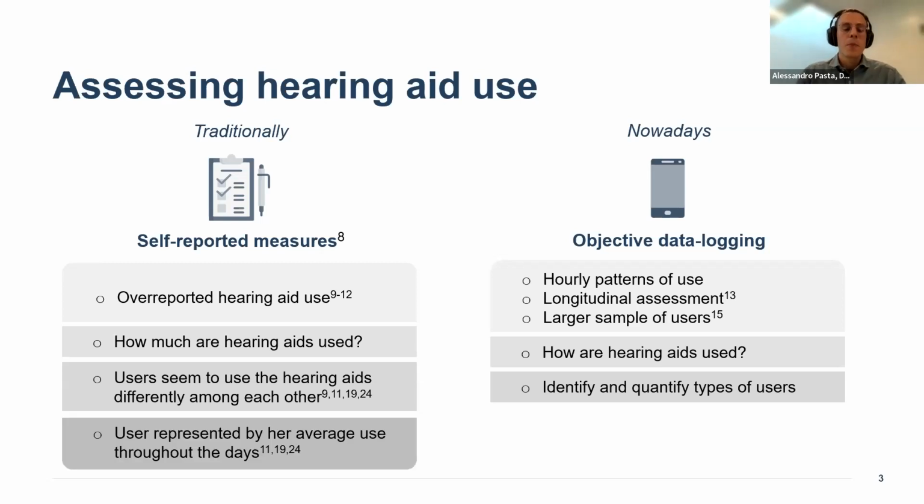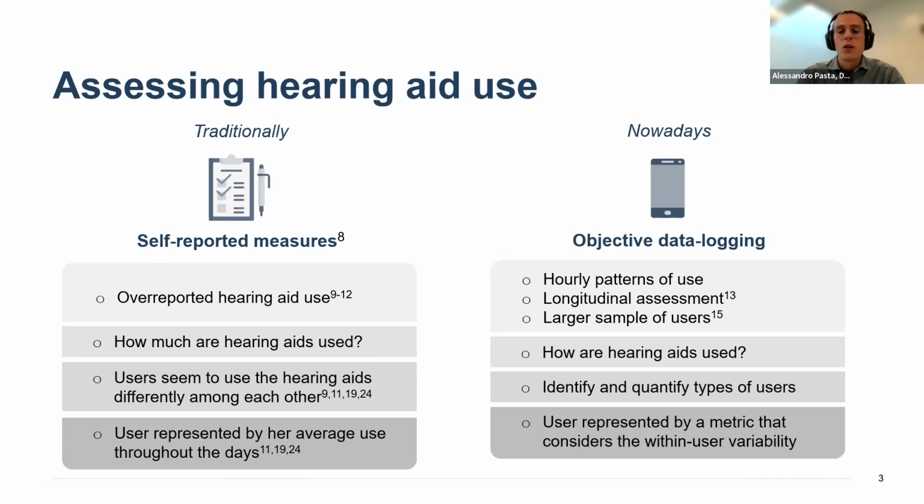And finally, previous studies tend to represent an individual user by their average use throughout the days for which the study has been running. However, we also wish to adopt a metric that also considers the within-user variability, so the day-to-day variability in the hearing aid use of an individual user.